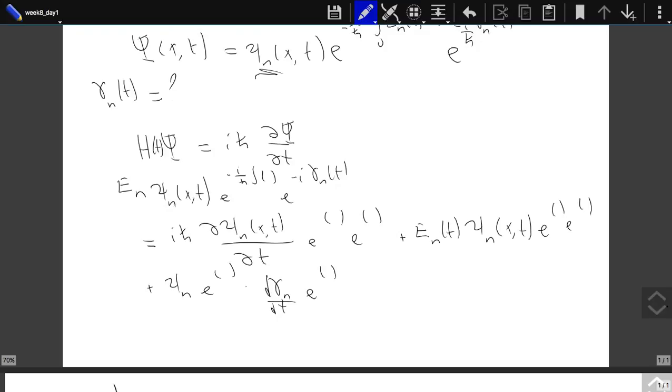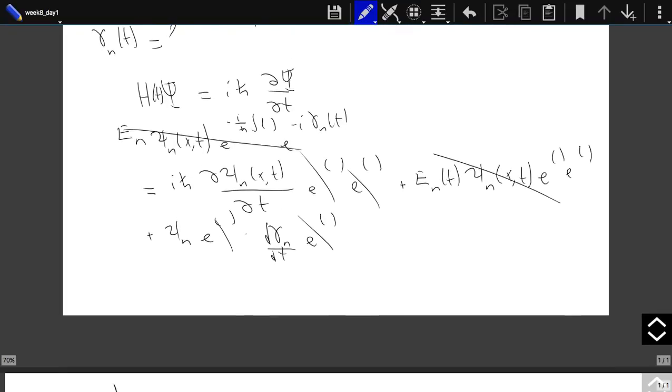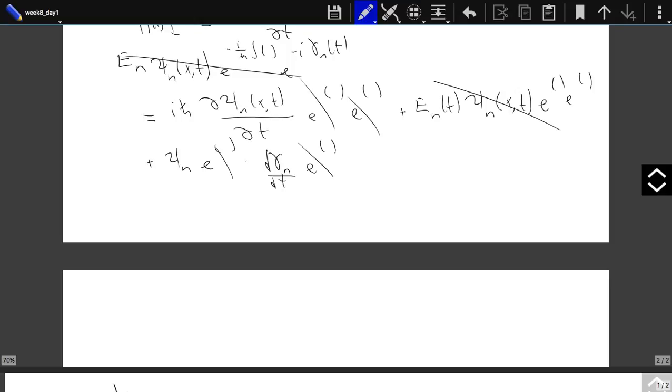So this is our equation. If that function satisfies the time-dependent Schrödinger equation, then gamma n should satisfy this equation. We can cancel the second term on the left-hand side, and we can cancel the exponents in all the terms. And so we have this equation: i h bar del psi n x of t by del t plus psi n d gamma n by dt should be equal to 0.